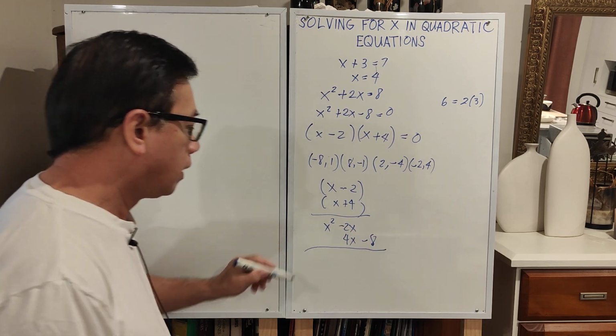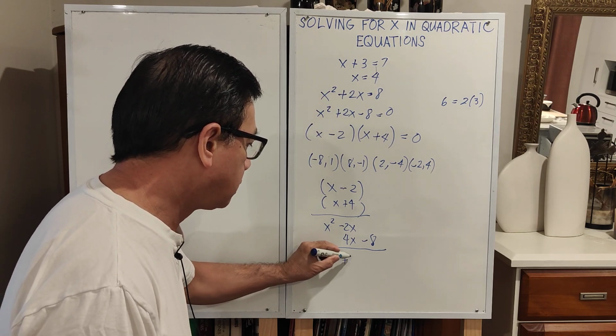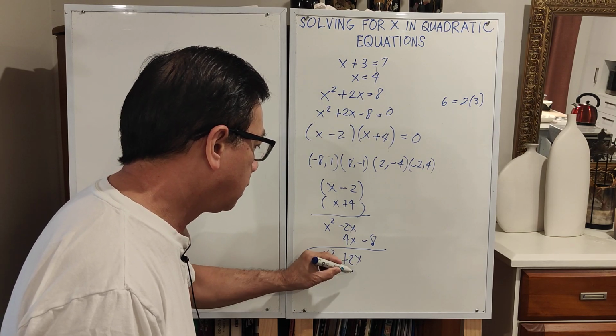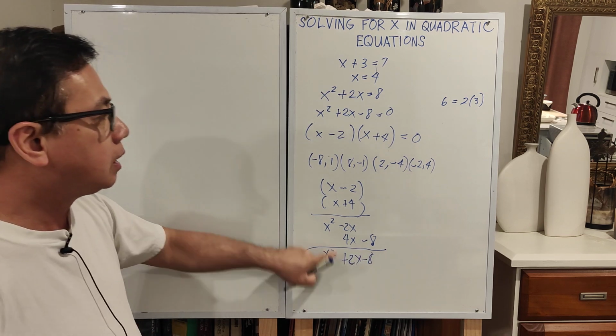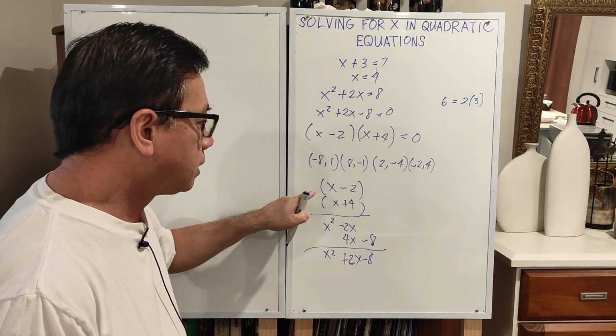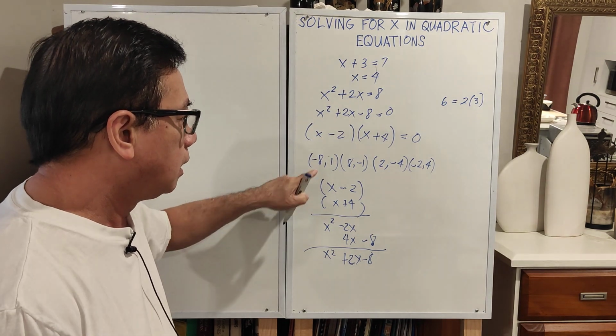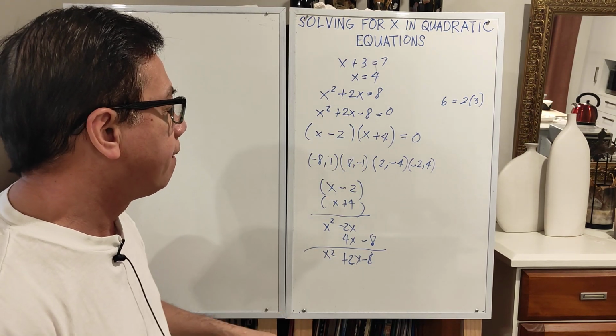If you add all of that, x squared plus 2x minus 8. So this one is the same as this one, which means these two binomials are our correct factors.